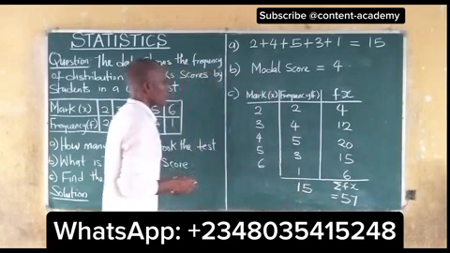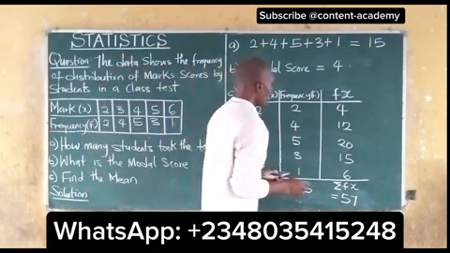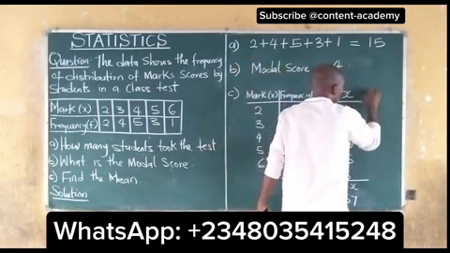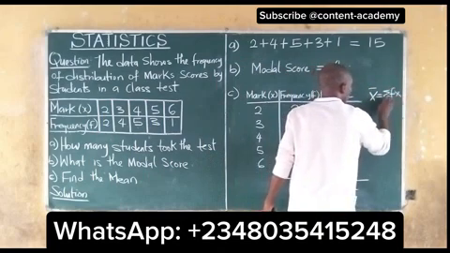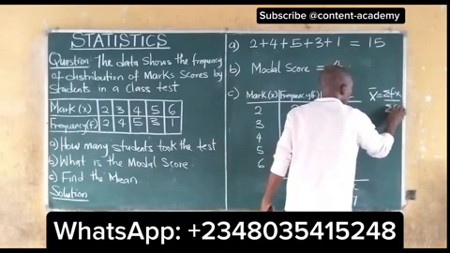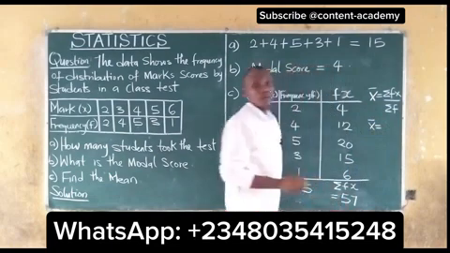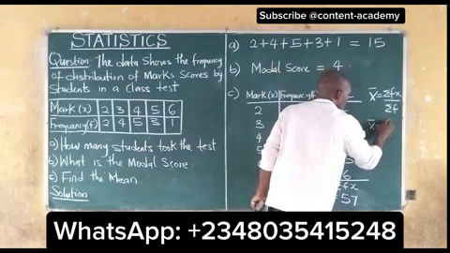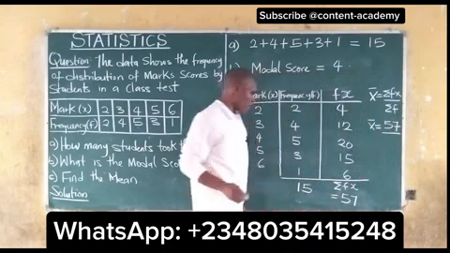Now, how do we find our mean? How do we write out our mean? That means the mean is equal to summation of f of x all over summation of f. It then means that our mean, which is x bar, will be 57 divided by summation of f.